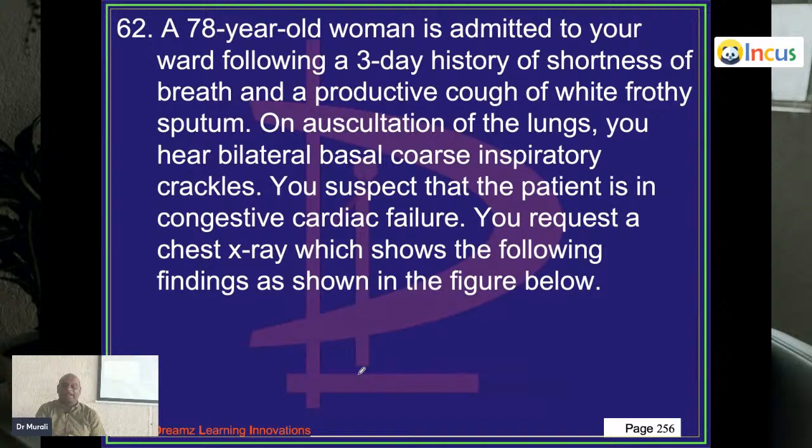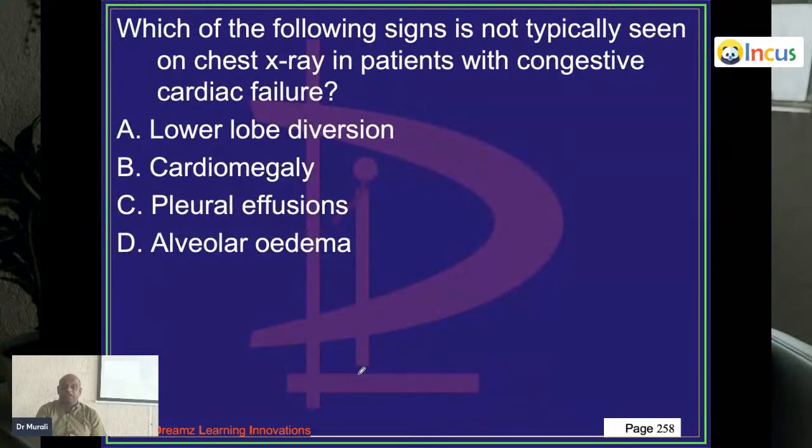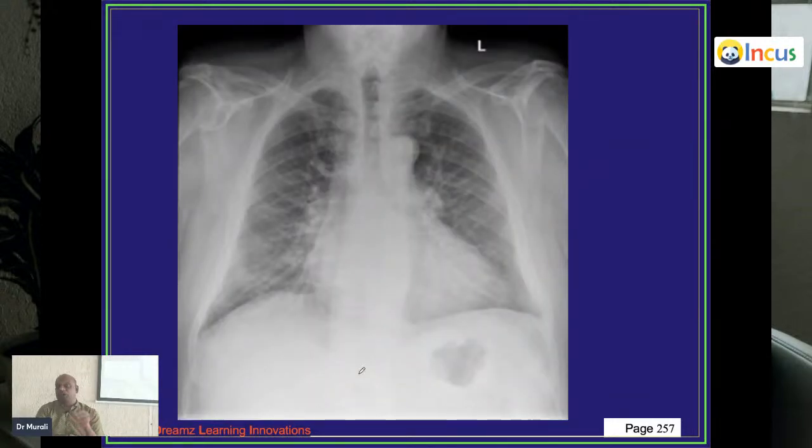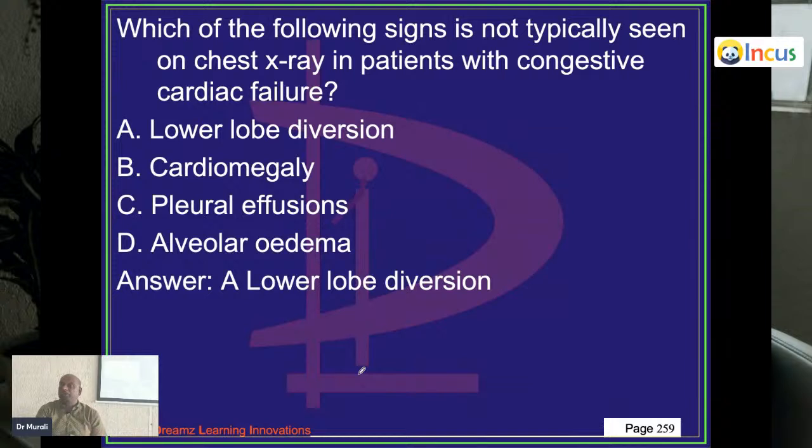3-day history of shortness of breath, productive cough, white frothy sputum, bilateral basal crepts. You're suspecting CHF. X-ray was done. Now, in CHF, what is the feature which is not seen? So you should remember the reverse moustache sign.